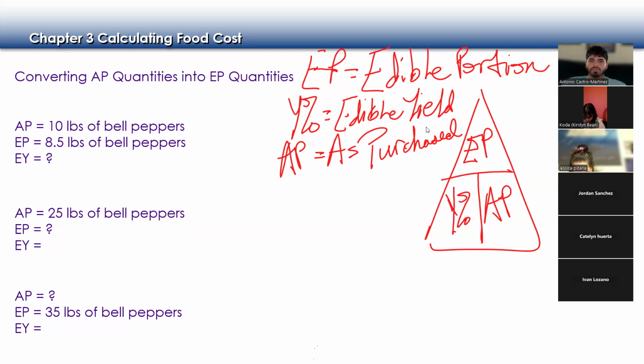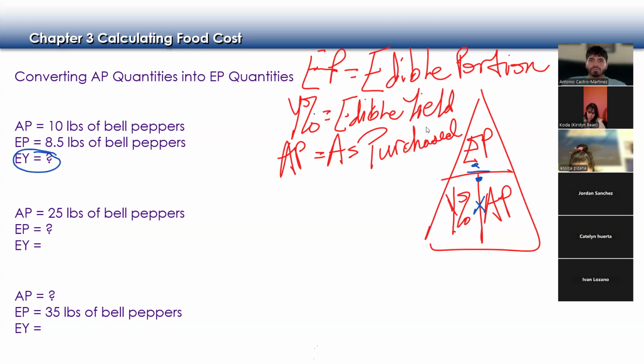So this works the exact same way as our food cost pyramid triangle. We have our division sign and we have our multiplication sign. Same triangle, different things that we are looking at. If I am looking for my edible yield, which is my yield percentage, I cover that up, and what's left over?